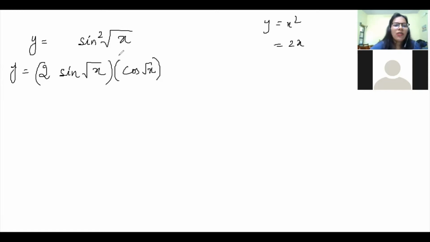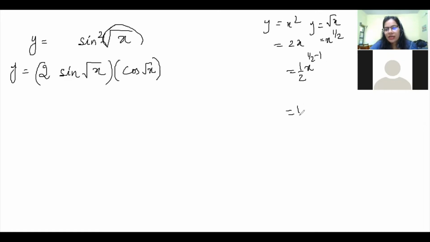Again, now we are going to talk about the differentiation of root x. So if suppose y is equal to x, this will be written as x to the power 1 by 2, right? So this becomes 1 by 2 x to the power 1 by 2 minus 1. This is nothing but 1 by 2 x raised to minus 1 by 2. This becomes 1 by 2 root x.